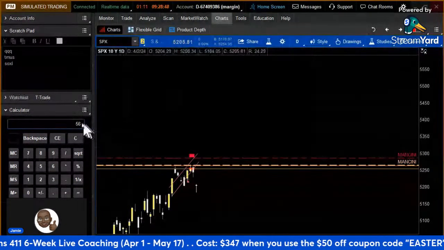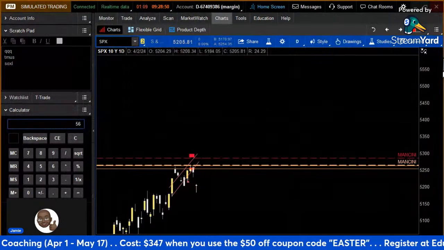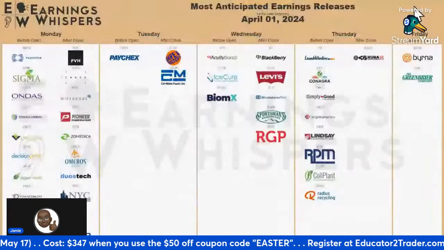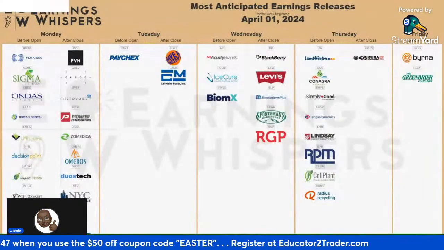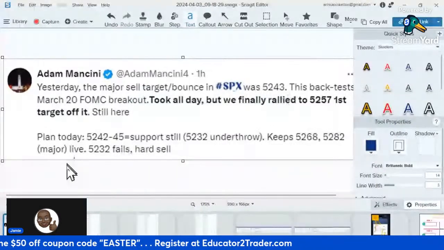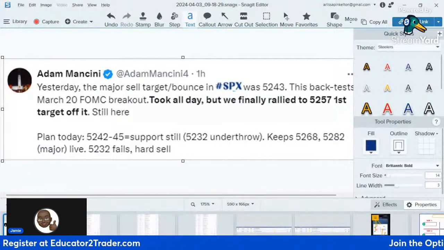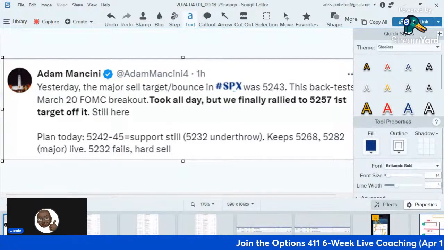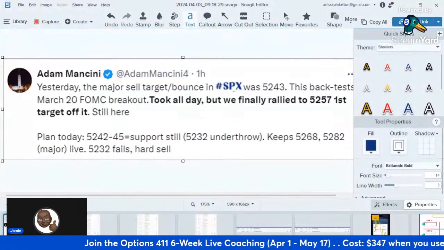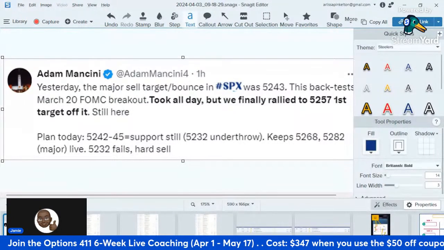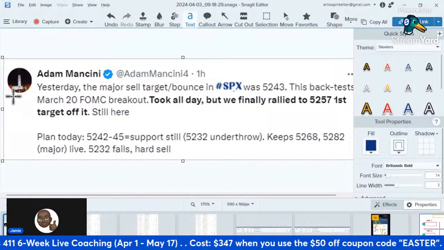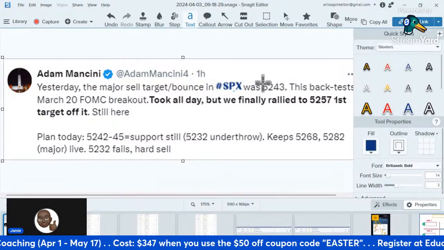The difference between those two is 56, and that's the number we use to subtract from these Mancini numbers. Everything from here on out is going to be 56. So 52.43 minus 56 is 51.87. That's how we are breaking down those numbers.